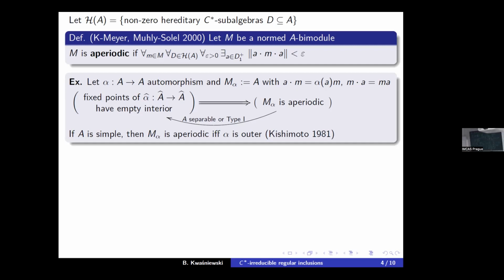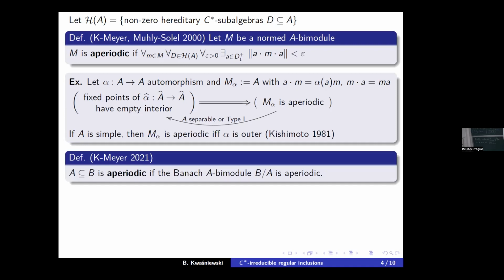You have the Rieffel correspondence, and Rieffel theory tells you that you get the dual homeomorphism, and also the aperiodicity when A is simple is equivalent to outerness in this sense. So all this example transfers to Hilbert modules, to these abstract actions of modules.